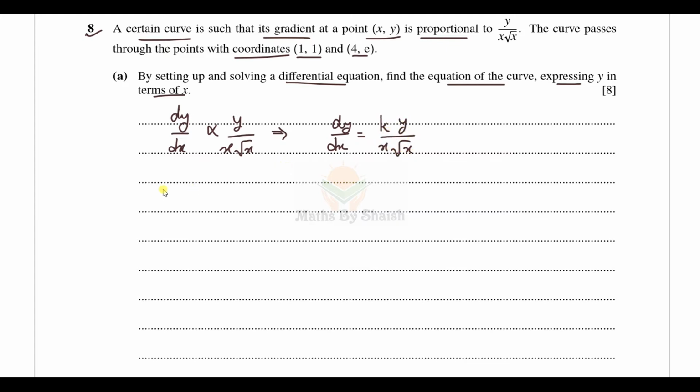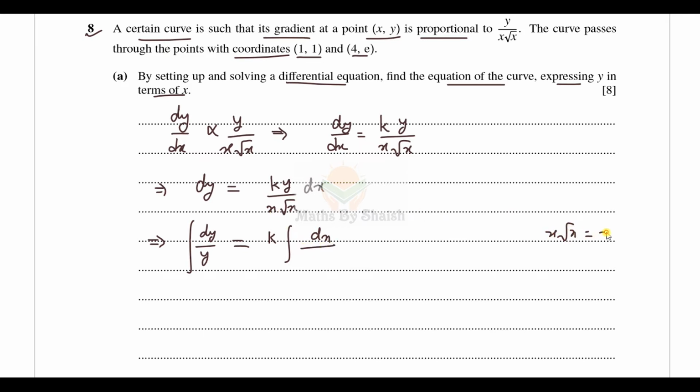And from here we can form, this is the differential equation, and then we'll solve it by making it as dy is equal to ky over x root x dx, or we can translate this over here, then it becomes dy over y integration, and now k is a constant, so I'll take it outside.